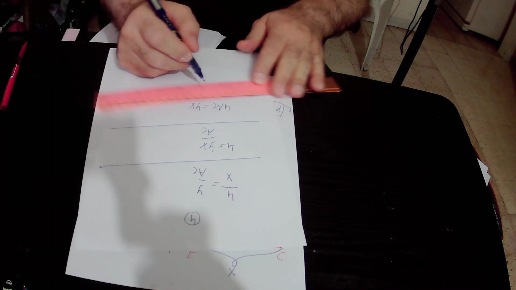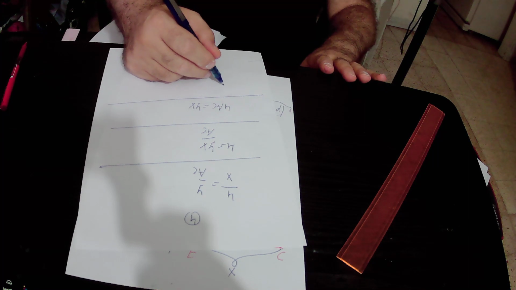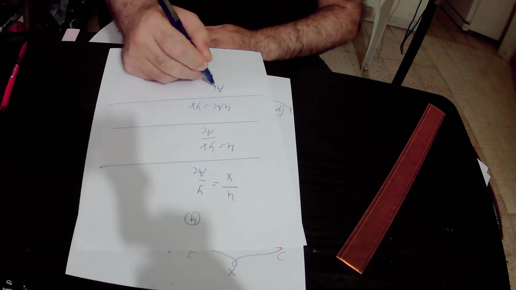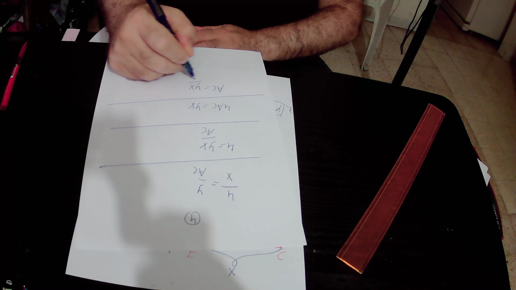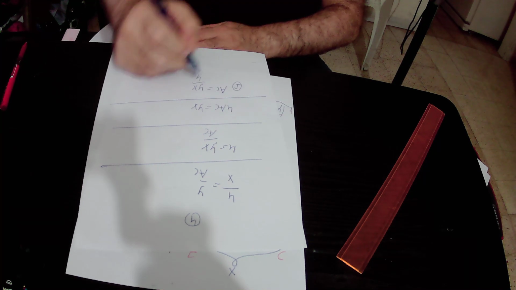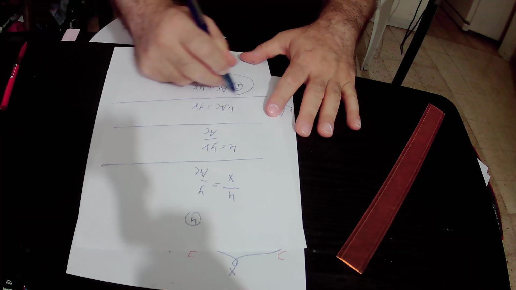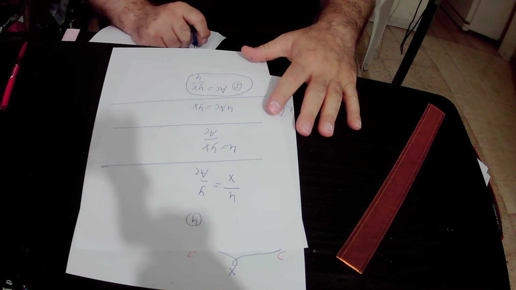We will divide this equality by 4 in order to get the value of AC, and we will get that AC equals YX over 4. That will be our first equation. We found out that AC equals YX over 4. Okay?